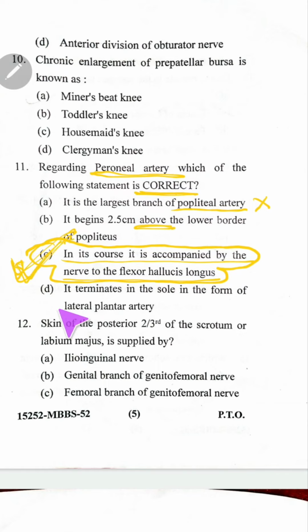Now what is left? It terminates in the sole in the form of lateral plantar artery. What is it that continues as lateral plantar artery? Any guesses?